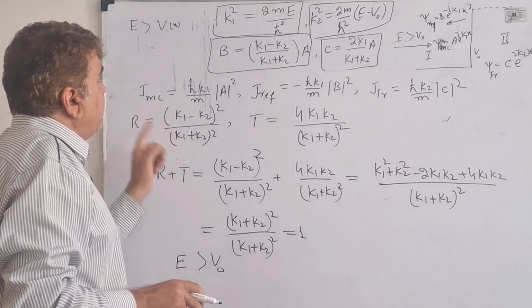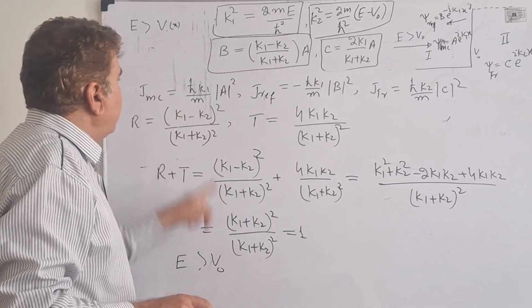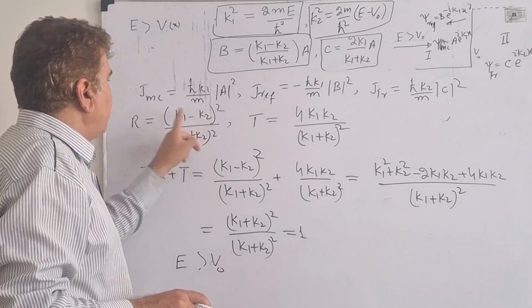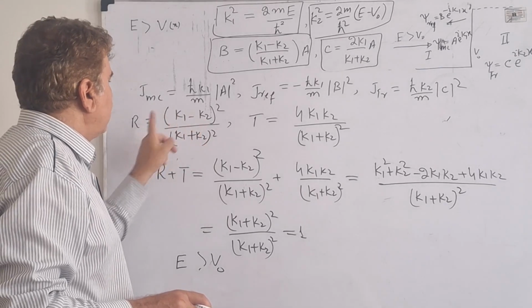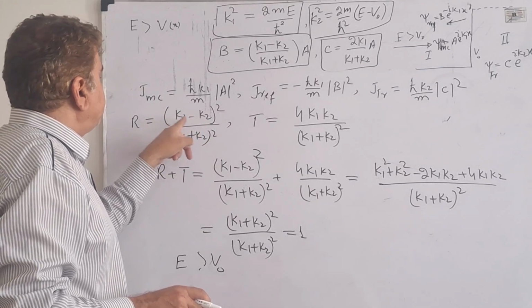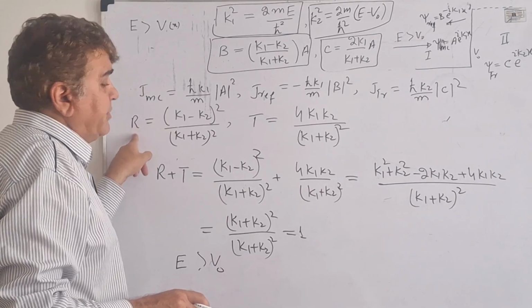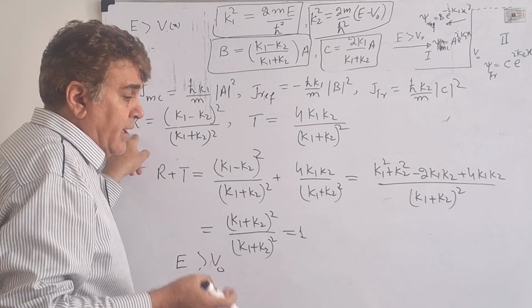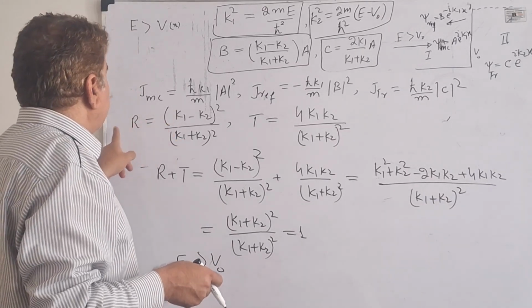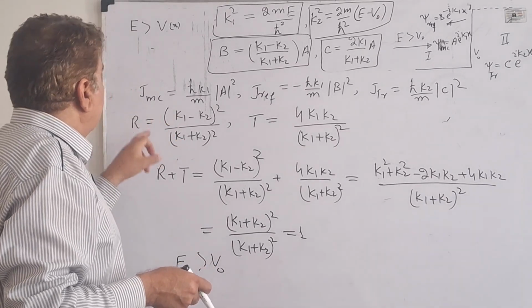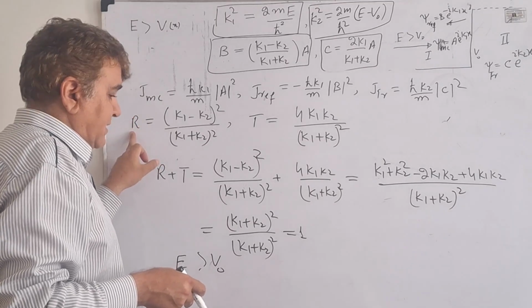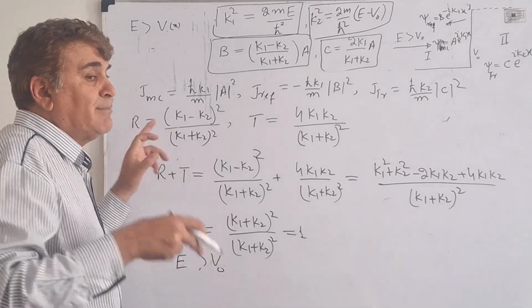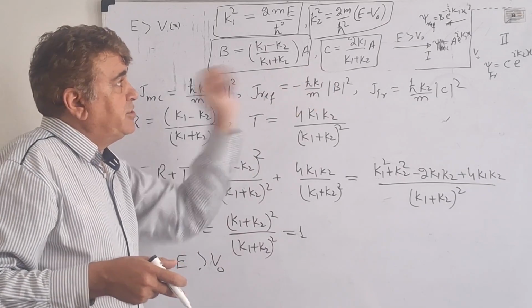But we see that even if E is greater than V naught, k2 is never equal to 0, and if k2 is never equal to 0, then the reflection coefficient is not 0. That is, quantum mechanically, there will always be some reflection if the potential is there.